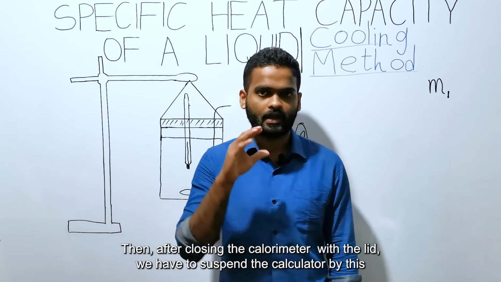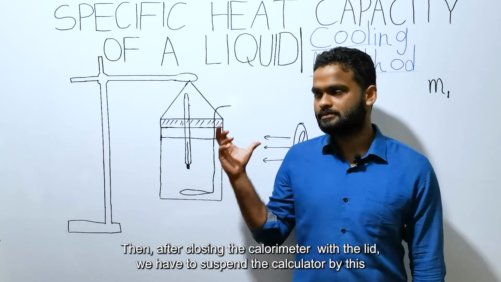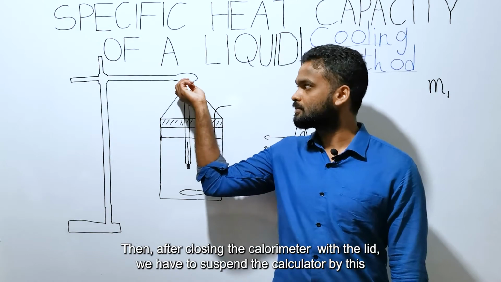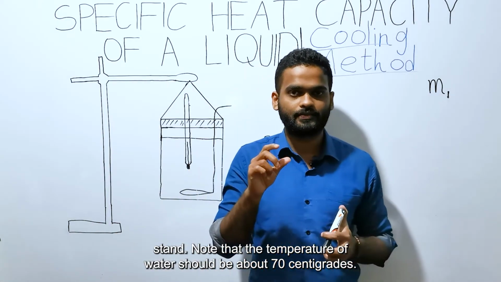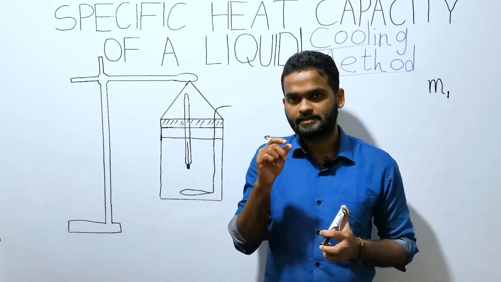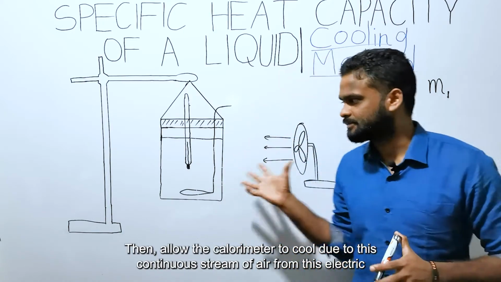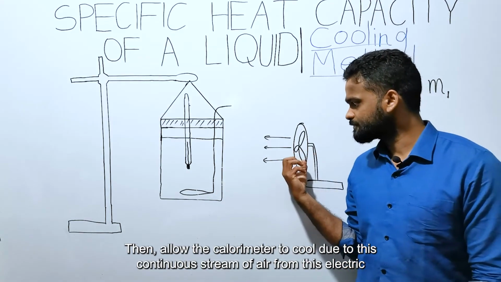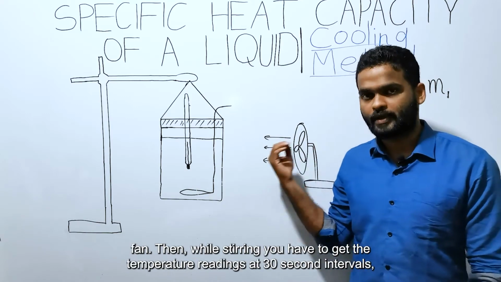Then, after closing the calorimeter with the lid, you have to suspend the calorimeter by this stand. Note that the temperature of water should be about 70 centigrades. Then allow the calorimeter to cool due to this continuous stream of air from this electric fan.